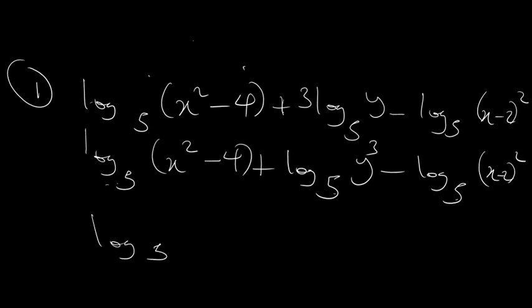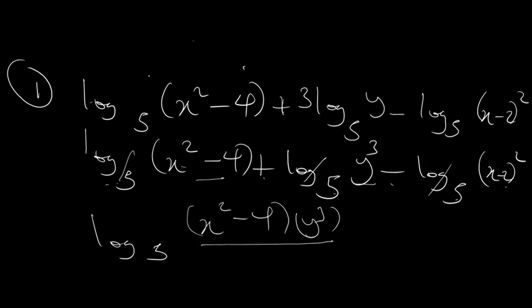On top, since this and this have an addition, they will multiply, so we'll have x squared minus 4 multiplied by y to the power 3. Then since there's a minus, it goes over x minus 2 to the power 2. So this is what we're talking about.